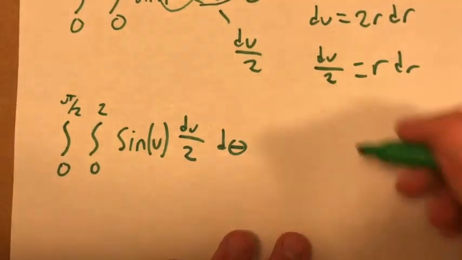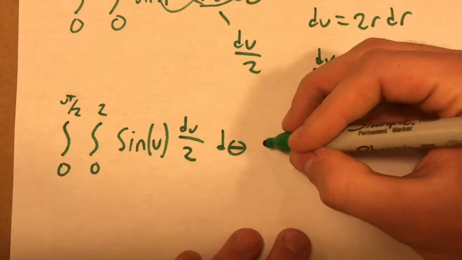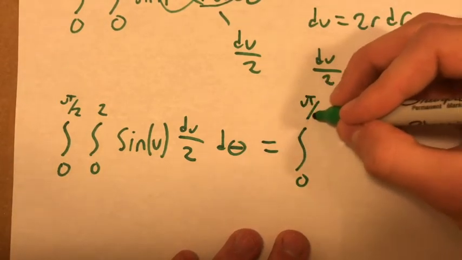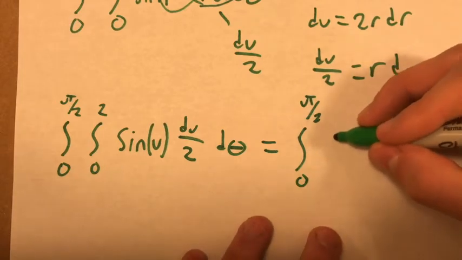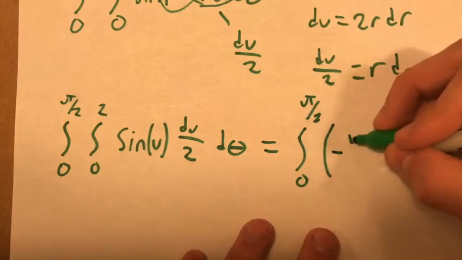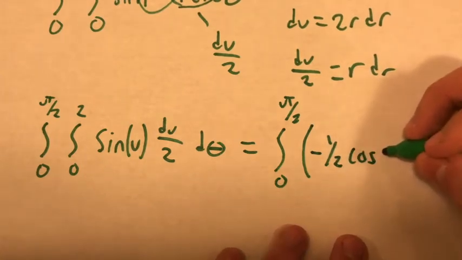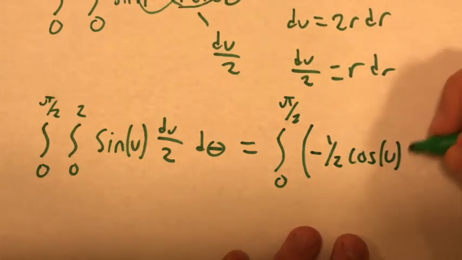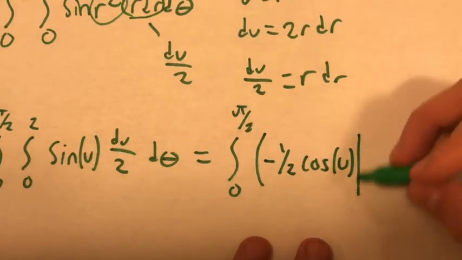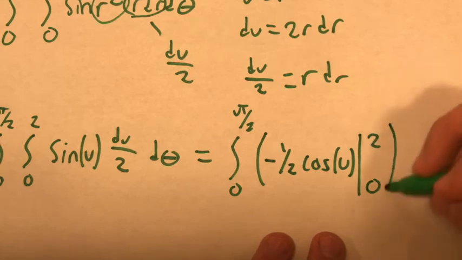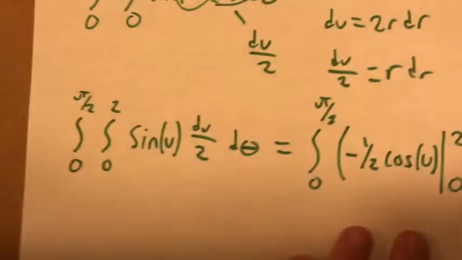Now we just have to solve the integral. So this is equal to the integral from 0 to pi over 2 of, in parentheses, negative 1/2 cosine u, and this is going to be evaluated from 0 to 2, d theta.